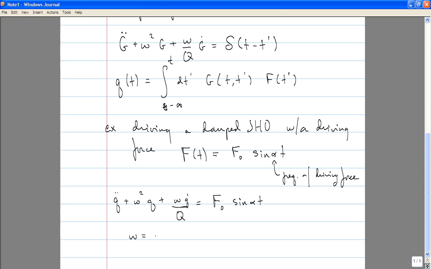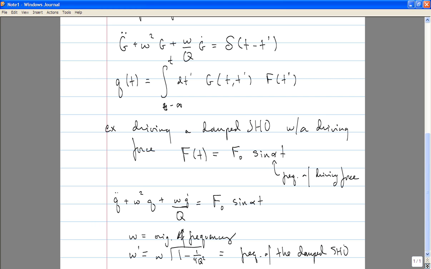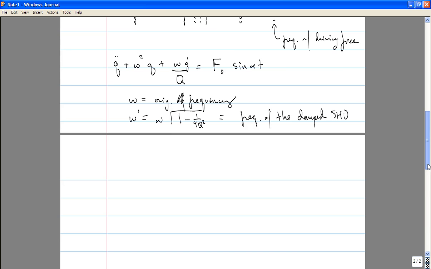There's omega, which is the original frequency of the undamped, undriven oscillator. There's the quantity that I called omega prime last time, which is omega times the square root of 1 minus 1 over 4q squared, which is the frequency of the damped harmonic oscillator. And finally, there is the driving frequency, which I called alpha.